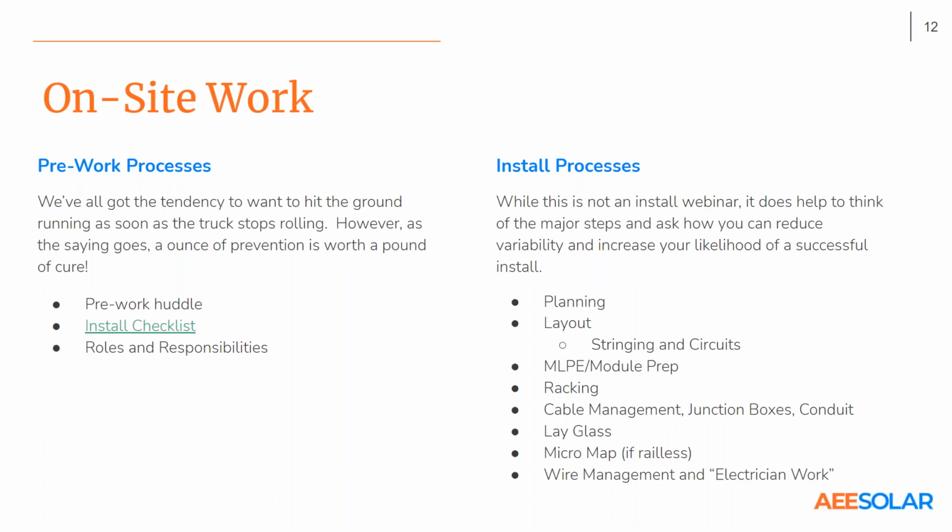looking at your plan set, ideally back at the warehouse, and thinking through your stringing and your circuits. This speaks to the guys who are working with kitted material, or I've seen this done on a cart where the warehouse crew puts all of the material needed for that job.